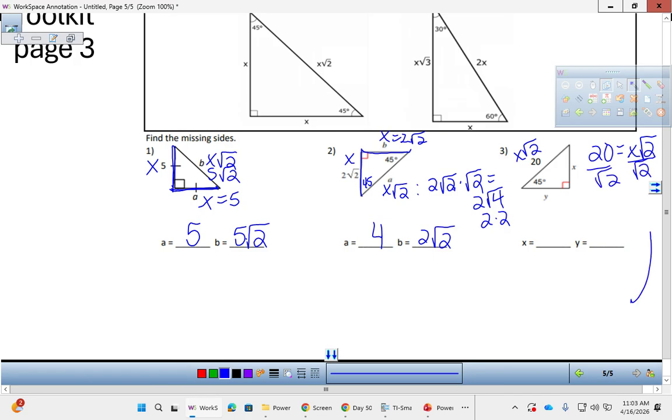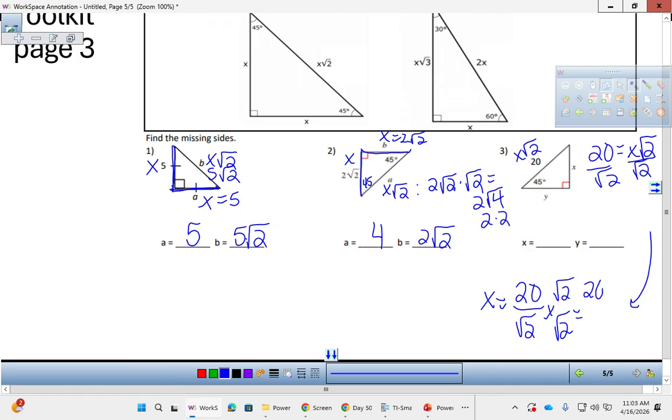I'm just going to bring this down here. So x is equal to 20 divided by root 2. But yesterday we learned that you can't have a root in the bottom. So what do I need to multiply by? Alright, so we're going to multiply by root 2 over root 2.